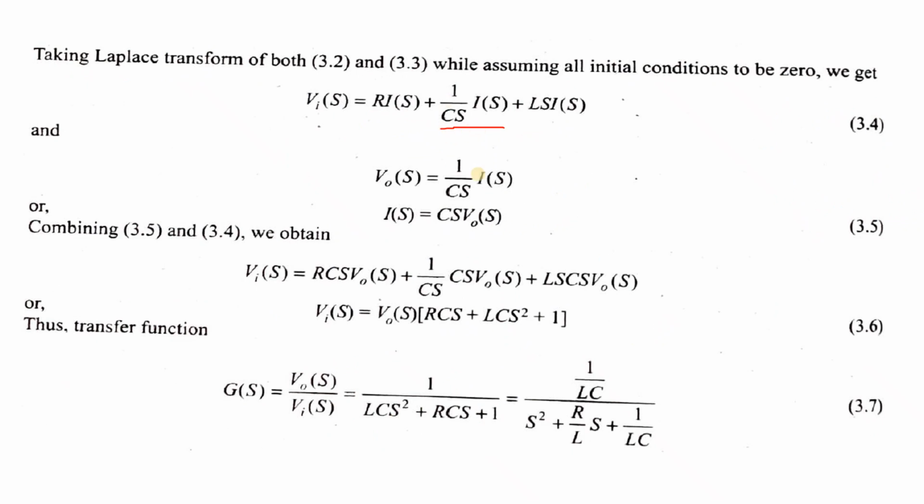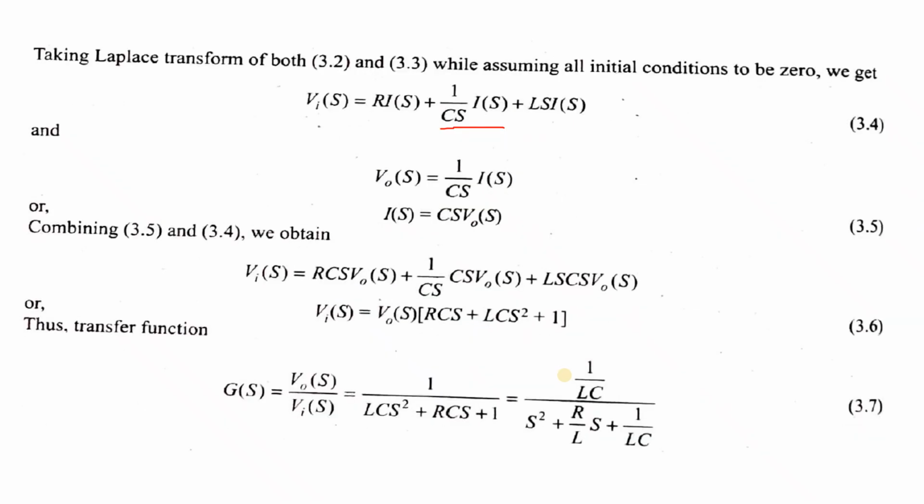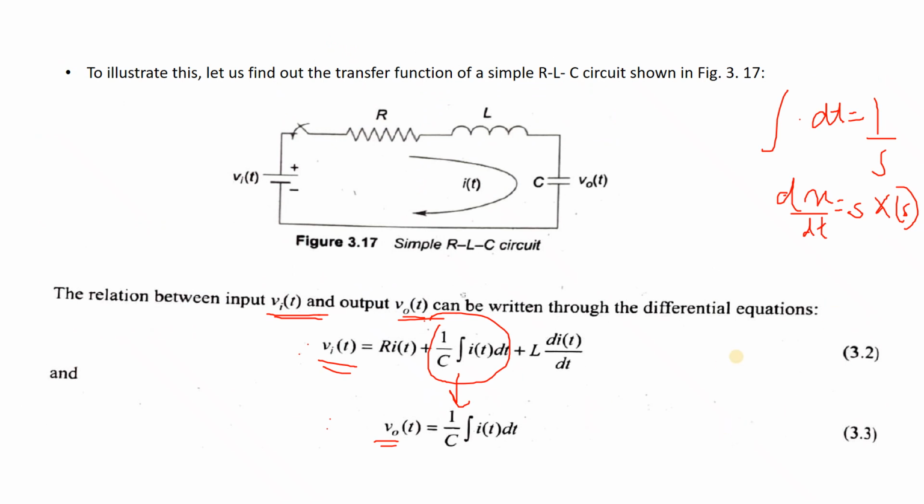So the integration will be 1 by S, 1 by CS I(S), and the derivative will be L S I(S). So this is the Laplace transform of equation number 3.1.